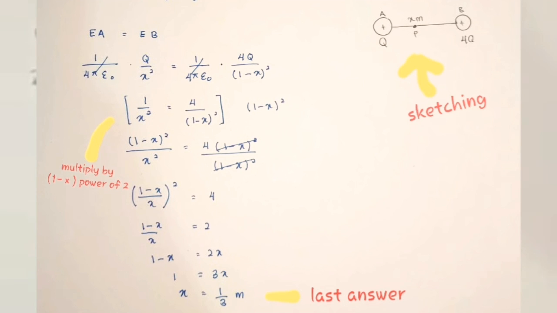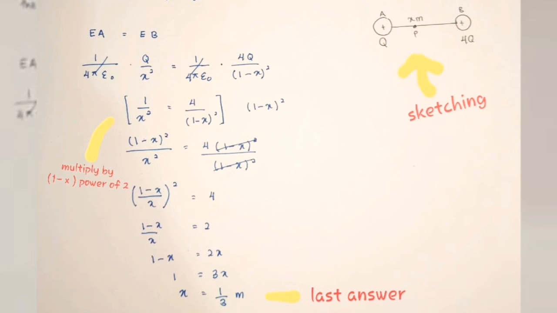So A equal to B. 1 over 4 pi epsilon naught times Q over x squared equal to 1 over 4 pi epsilon naught multiplied by 4Q over 1 minus x squared. 1 over x squared equal to 4 over 1 minus x squared.